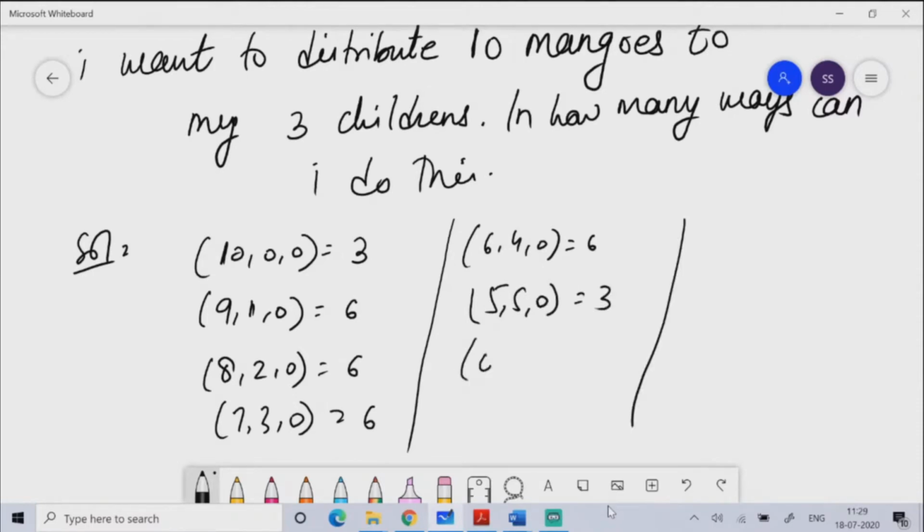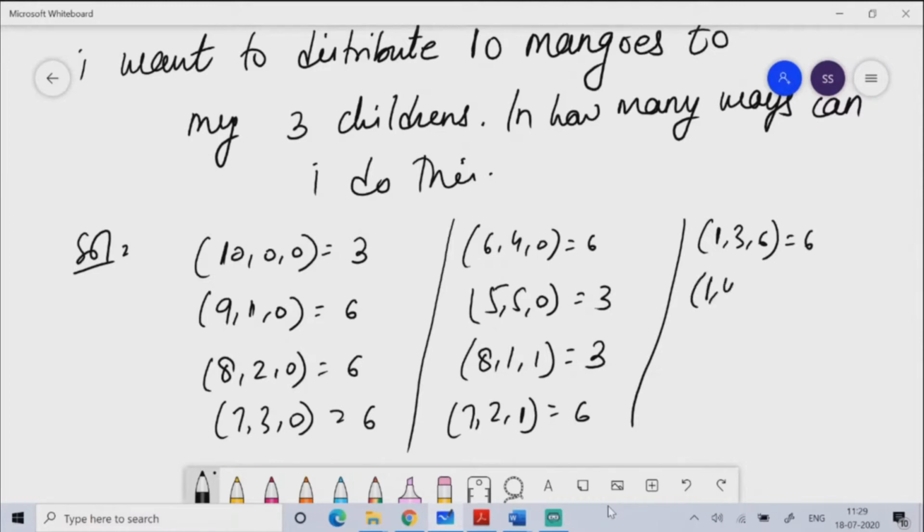Then I take 8 1 1, which is 3 ways. Then 7 2 1, which is 6 ways. Then the case 1 3 6, 6 ways. Then 1 4 5, again 6 ways. Then 2 2 6, 3 ways. Then 2 3 5.